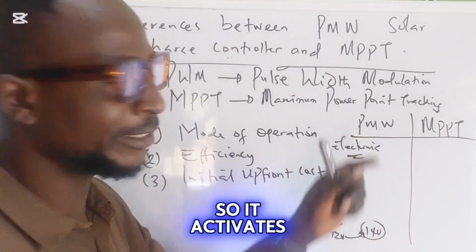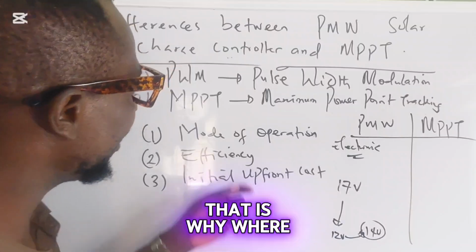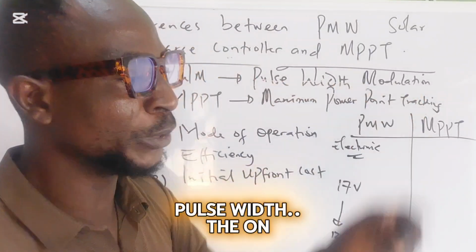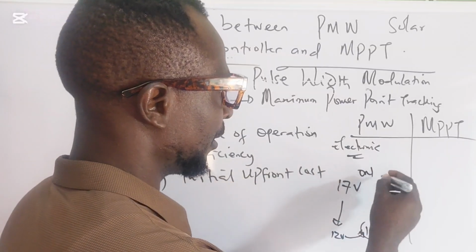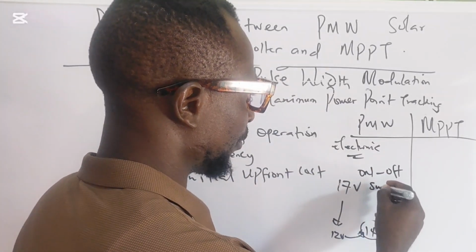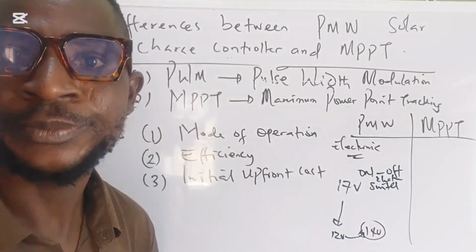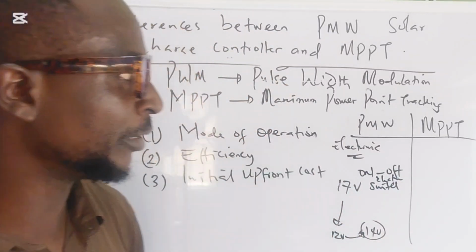So that is where this name comes from, pulse width, the on and off of the electronic switch. So that is how it operates.